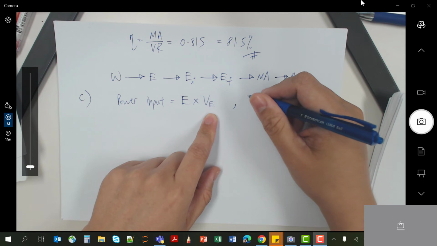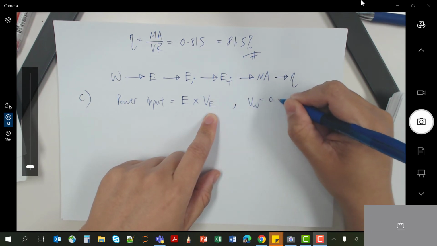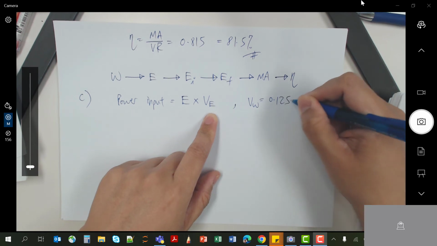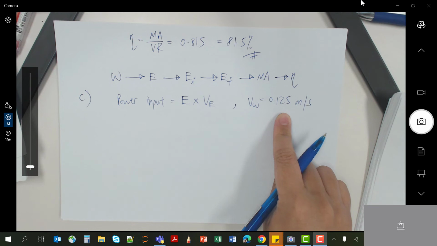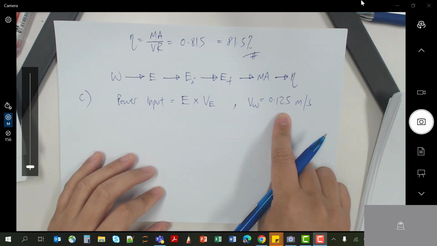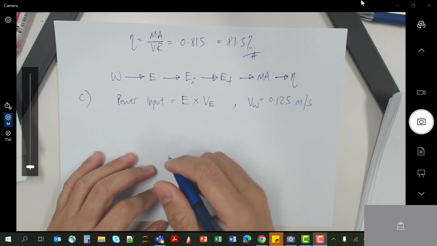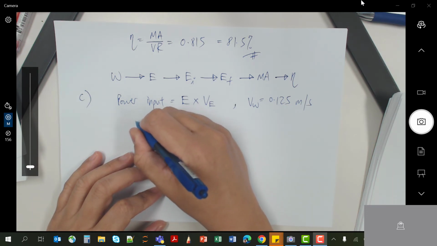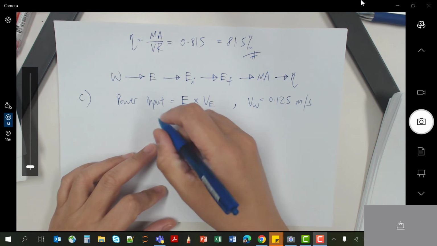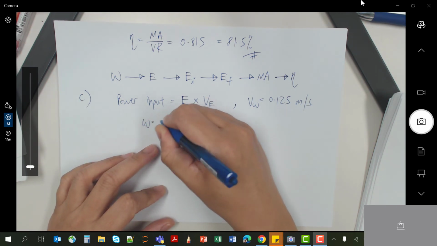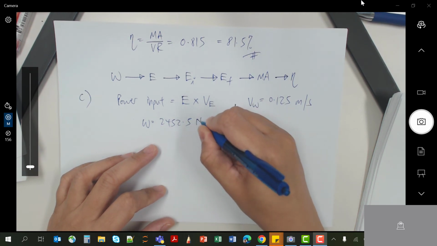They will tell you that the load needs to move at a certain speed. Okay, in this case it's 125 mm per second, which is 0.125 meters per second. Okay, the load is just now the load. Okay, the same. W is 2452.5 because it's 250 kilogram.